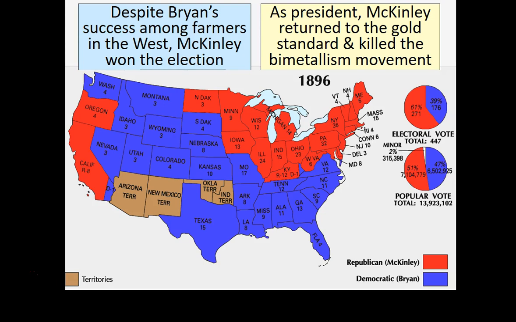As President McKinley goes into his first term, he returns to the gold standard and he kills the bimetallism movement. The Populist Party dies out after the 1896 election, but several things that they advocated for do come to play.